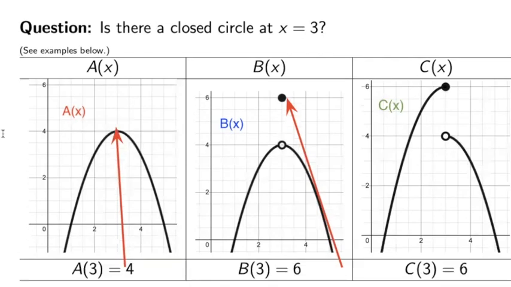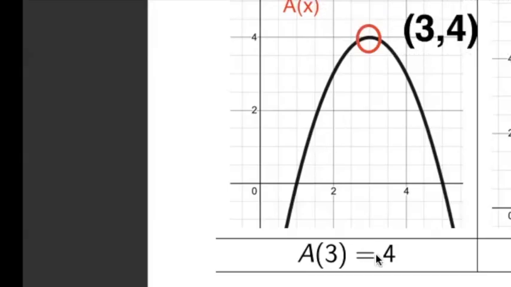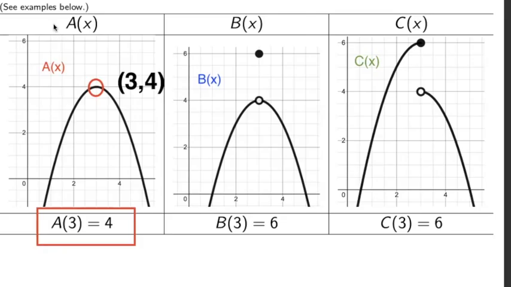So in looking for these, you want to look at the y coordinate of this closed point. At x equals 3 for this a of x, this is the point (3, 4). So my a of 3 value is equal to 4. Similarly, on b of x, when I look at x equals 3, I'm looking for this closed circle, which occurs at the coordinate (3, 6).